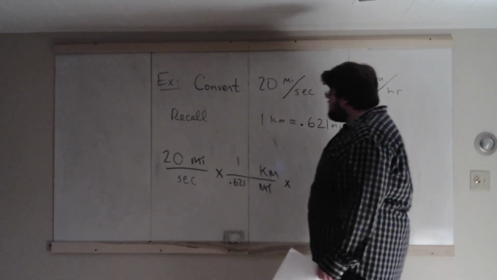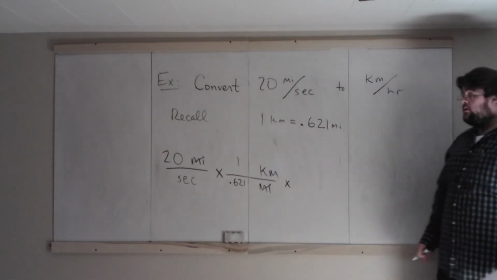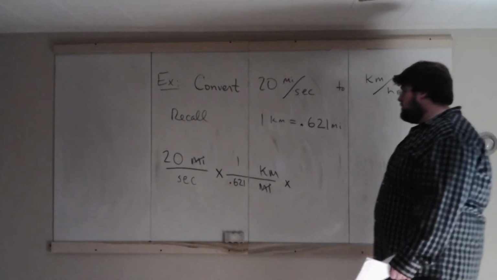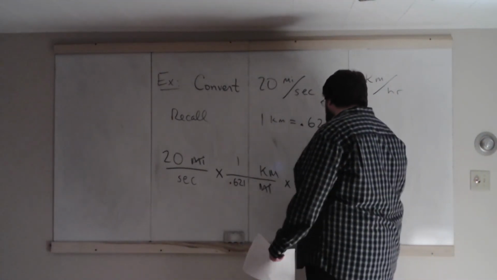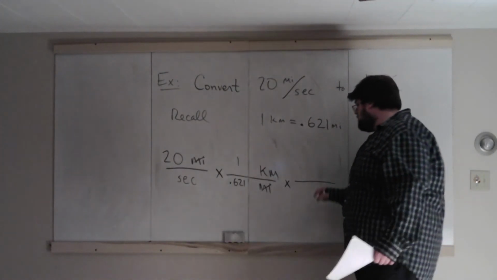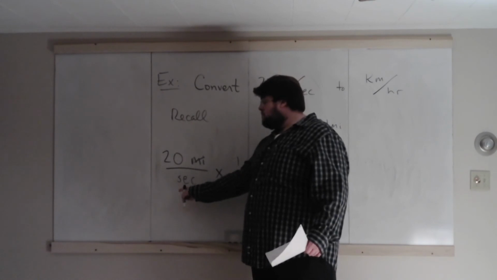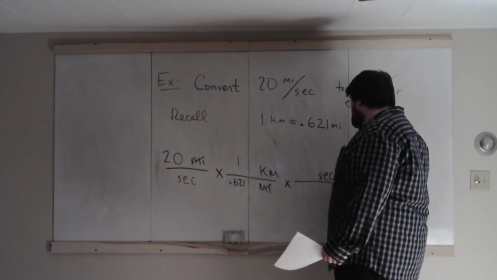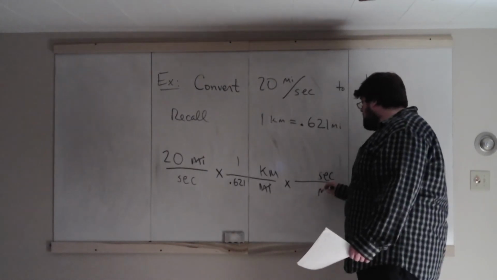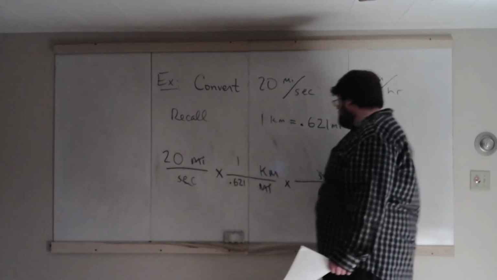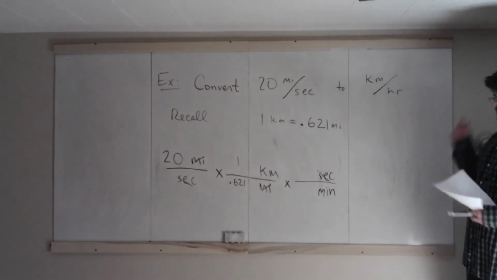So if we want to go from seconds to hours, we can go from seconds to minutes and then minutes to hours. And how will we do that? Well, remember, we want our conversions to cancel out. Seconds are in the denominator. So if we throw seconds here and minutes here, the seconds will cancel, and we're left with minutes in the denominator.